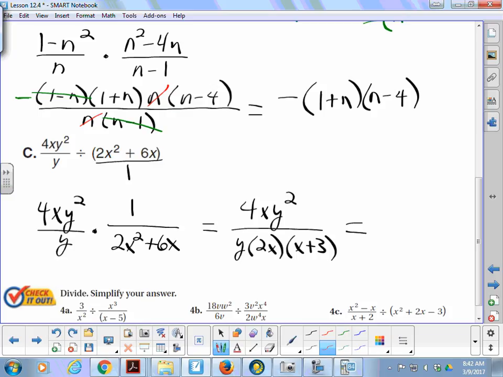So let's see, 2 goes in the 4 twice. Both have an x, so I can get rid of the x. And this y is gone, and I'm left with a y there. So numerator is 2y, denominator x plus 3.